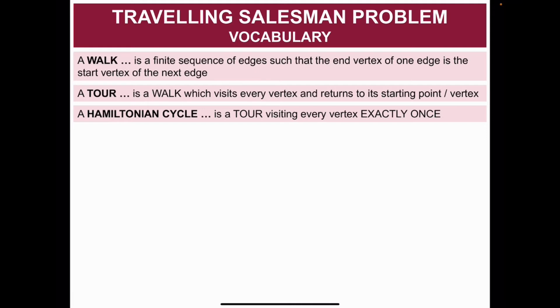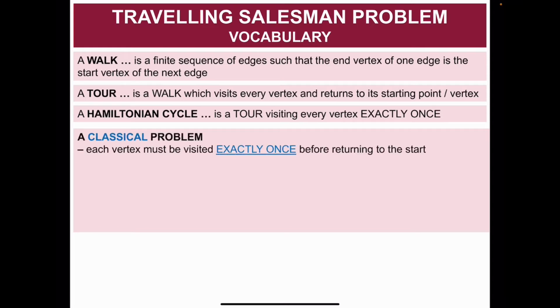Okay? So we have a walk, then a tour that is a special walk, and then a Hamiltonian cycle that is a special tour. So a tour is a walk, and a Hamiltonian cycle is a tour. That means a Hamiltonian cycle is also a walk.